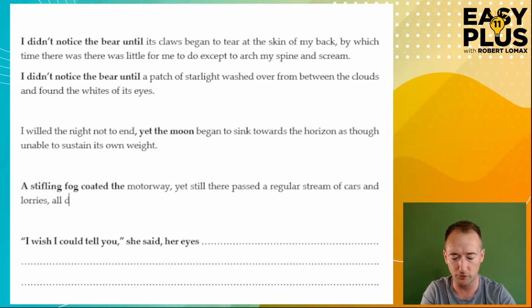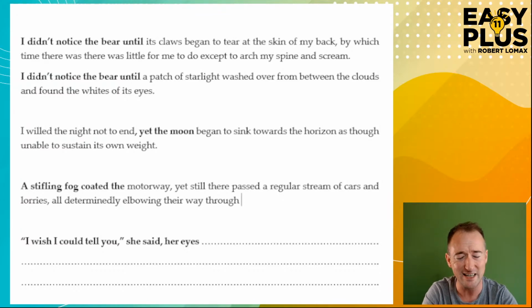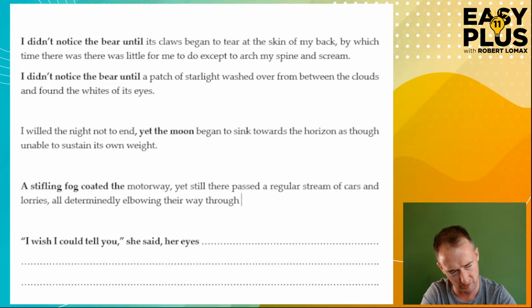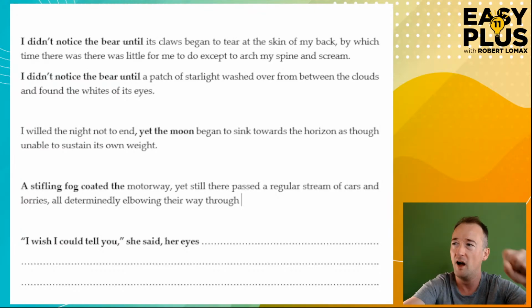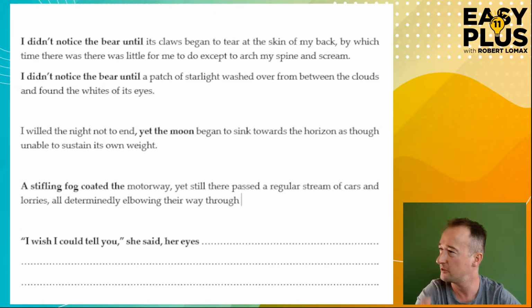What does that say? All determinedly, I think I'll say. All determinedly elbowing their way through. I've said the stifling fog, but rather than just repeating that idea, let's be more specific. What's the texture of this that I've shown with this? Dense, viscous, gloopy. That makes it seem like a sort of disgusting liquid.